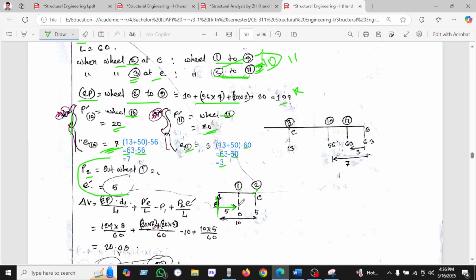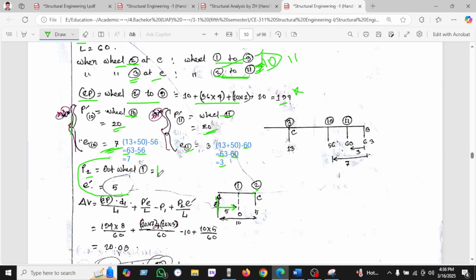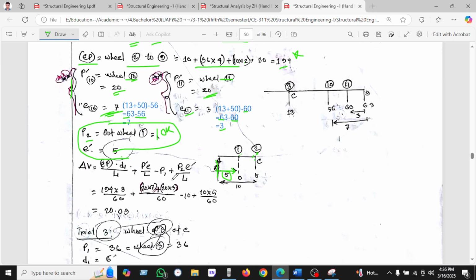And the wheel 1 load we can take here as 10 kip. Okay, so this is another consideration. The distance is 5 that we have taken from wheel 1 to this support, and after all the calculation we have found 20.0 kip, so it will also be positive.